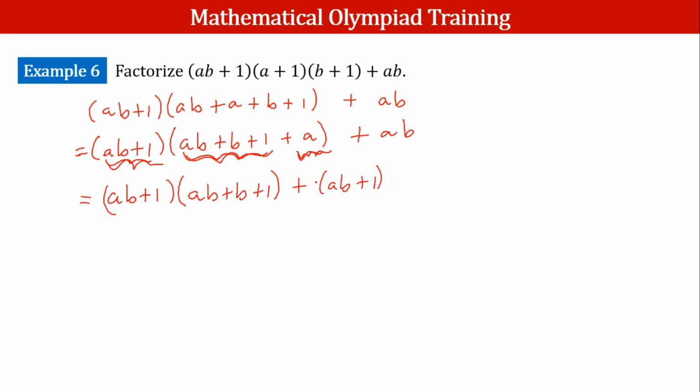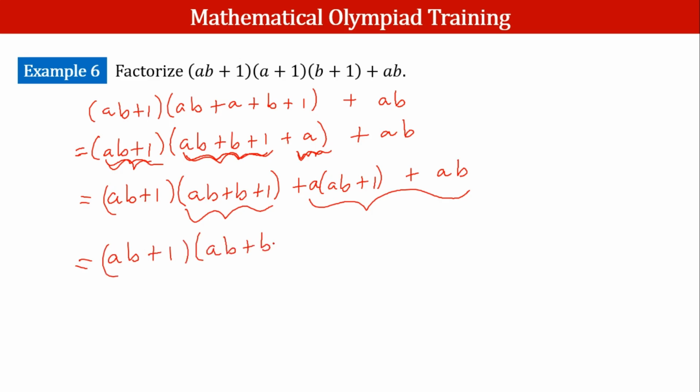I'll just put a in front and then plus ab. Notice that we can actually factor out a here, and then we can produce the common factor ab plus b plus 1, which is also here, right? So we have ab plus 1 times ab plus b plus 1.